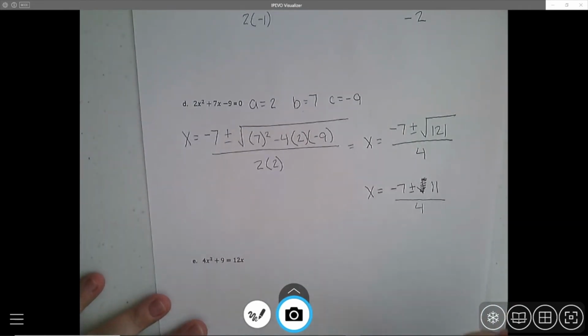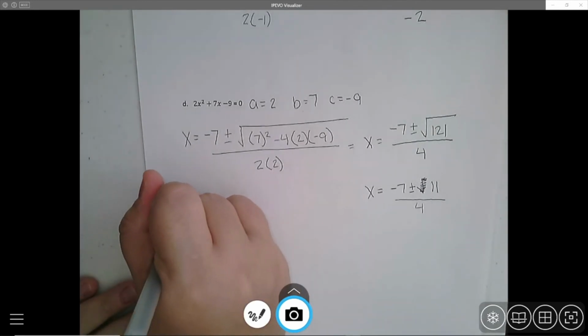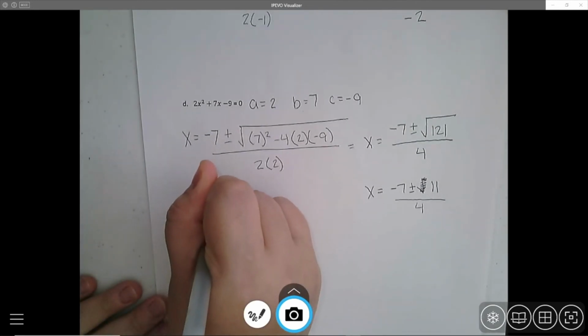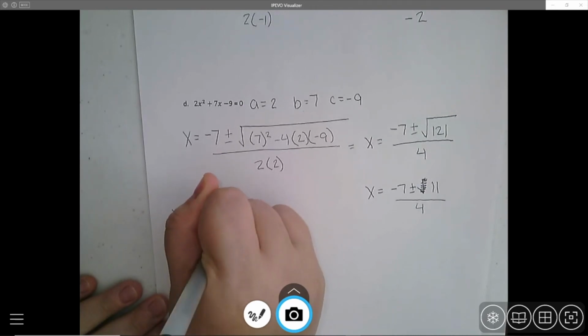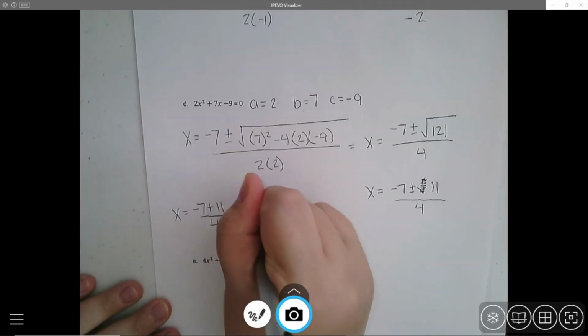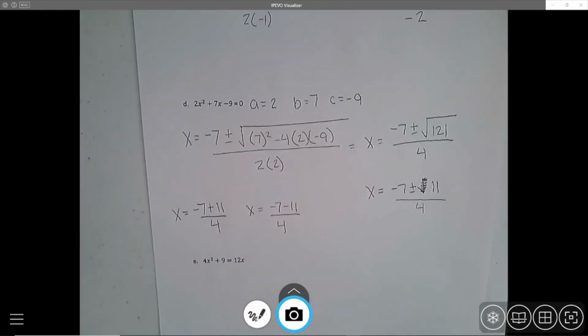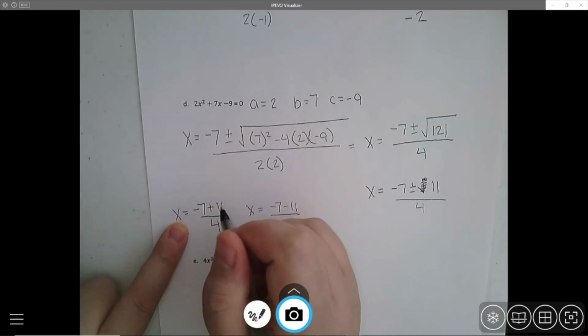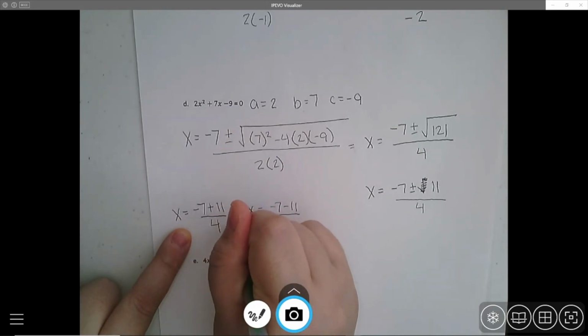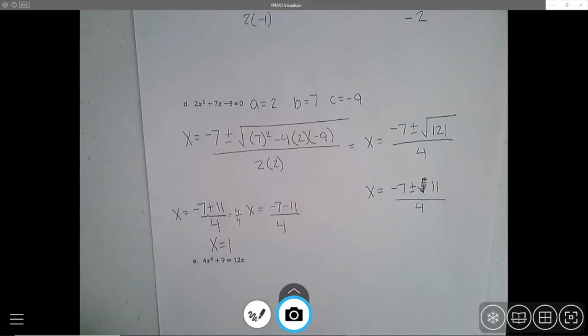Now, this plus or minus means you take it once when it's plus and once when it's minus. So x equals negative 7 plus 11 over 4, where it's plus, and x equals negative 7 minus 11 over 4, where it's minus. Negative 7 plus 11 is 4 over 4, which simplifies to 1.